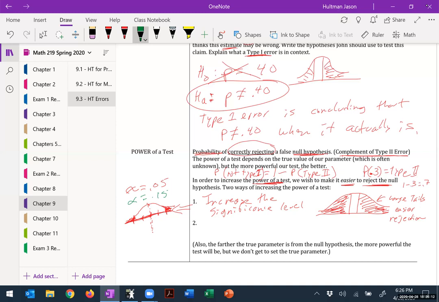Well, it's going to bring them in significantly. So we could increase the significance level. That would make it easier to reject the null. That would make it easier for a type 1 error to occur.